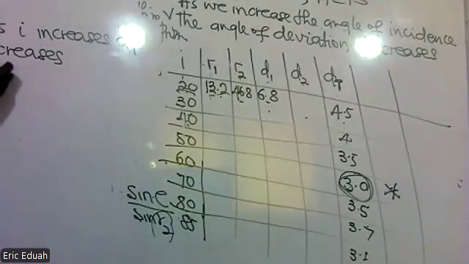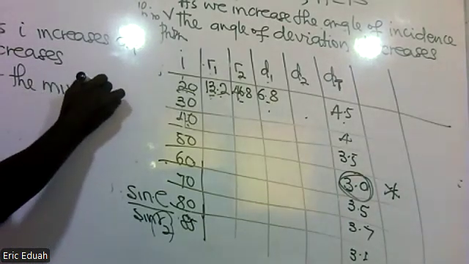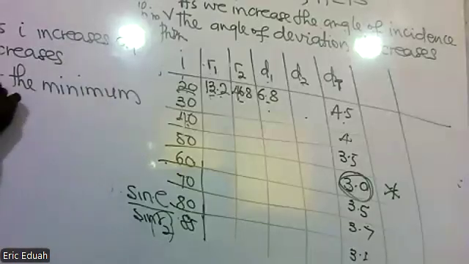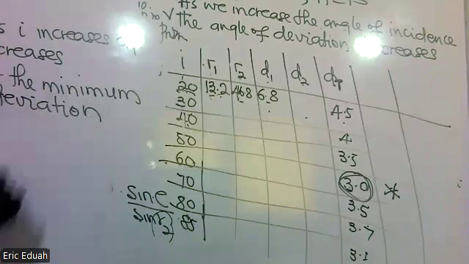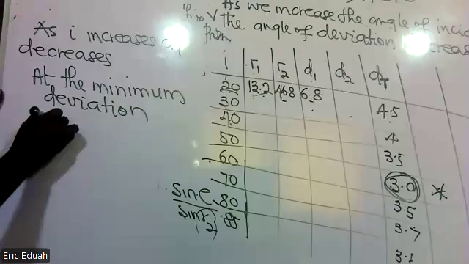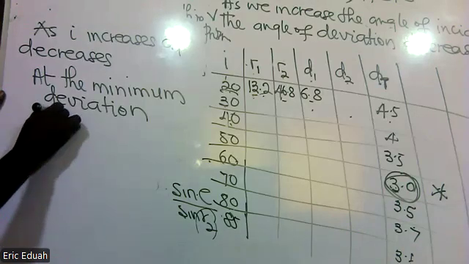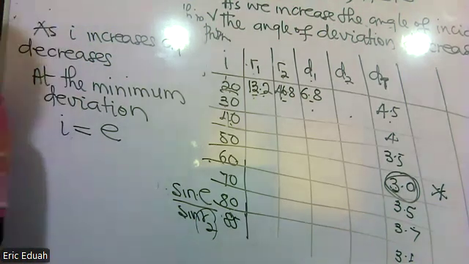Now, at the minimum deviation, that is when you realize that the angle of incidence is equal to the angle of emergence. So at the minimum deviation, I is equal to E. Who asked this question?